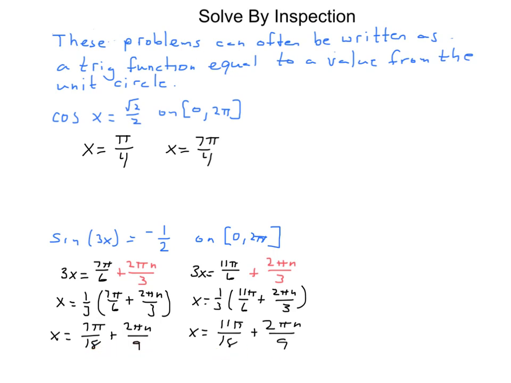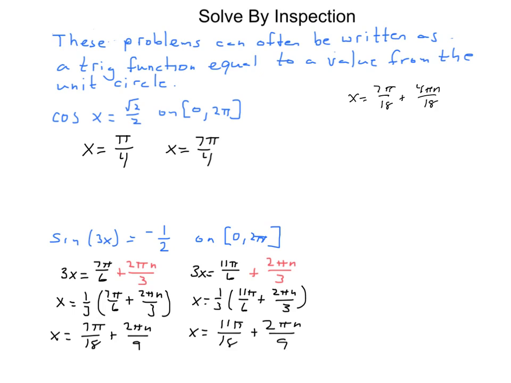But what I'm going to want to do is make sure I get a common denominator. So that first piece is going to be x equals 7 pi over 18 plus 4 pi n over 18. And I'm going to start by putting in values for n, which will generate every solution that I can use.